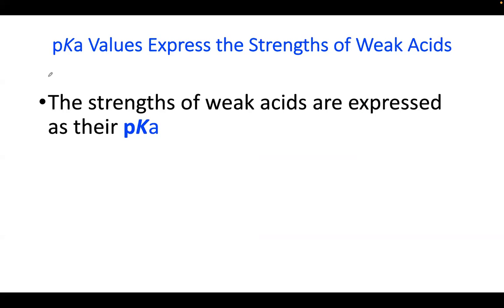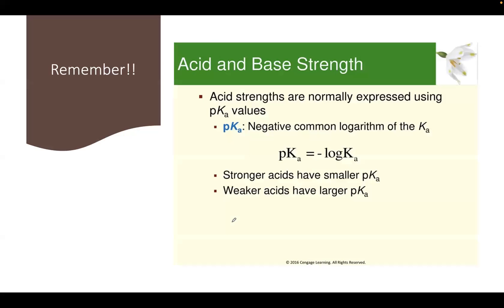Now, this is also mentioned in the textbook, okay? What is used to express the strength of weak acids? This is the famous pKa, okay? Not the pH, not the Henderson-Hasselbalch equation, but the pKa. This is the value which expresses the strength of weak acids.